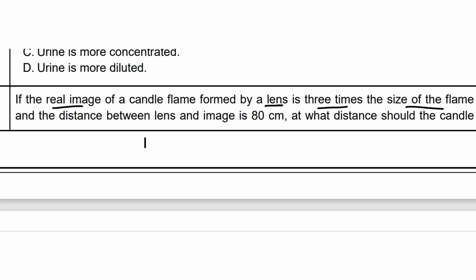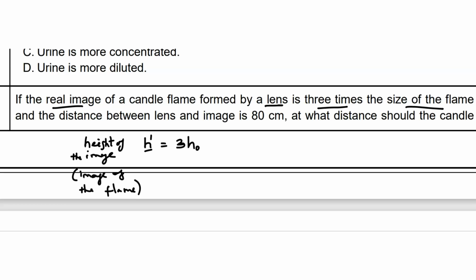What they have given is h prime, the real image, is 3 times the size of the flame, which is h naught. h naught is the height of the object and h prime is the height of the image. So the height of the image of the flame is 3 times the height of the object.